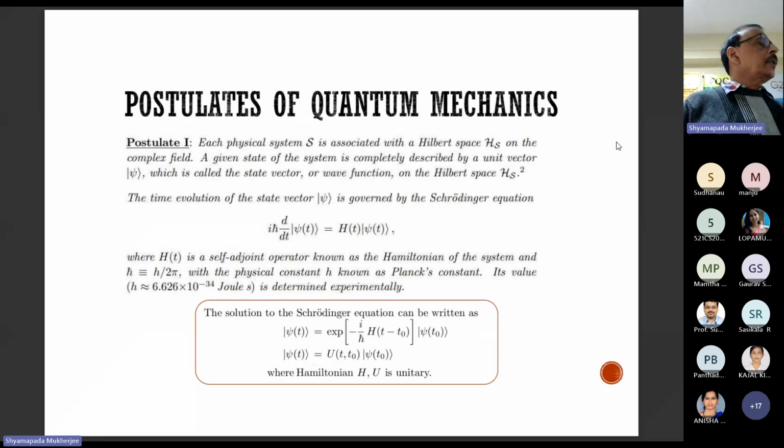So information is stored in the memory, then a gate acts on it, and you get a new state, a combination of 0 and 1. Similarly, here also you have a qubit, psi t0, the initial qubit, and this U acts on it so that you get a new state psi t.